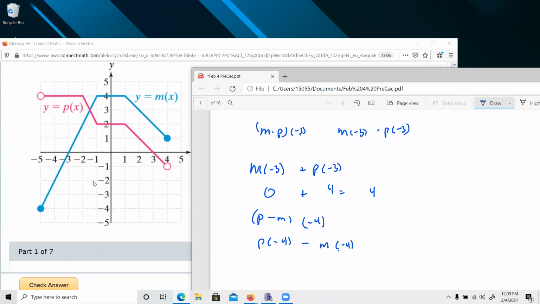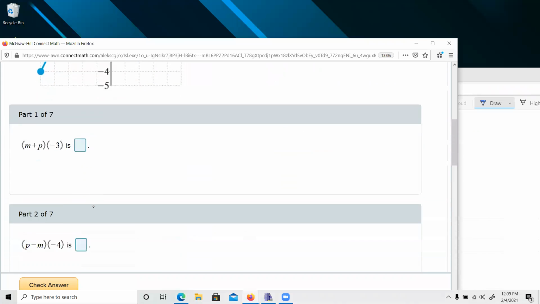So for p of -4, p is still 4. Now m of -4, that's -2. So we have a minus, and I put a -2 in here, and that's going to give me 6. There's 6 units between m and p here.